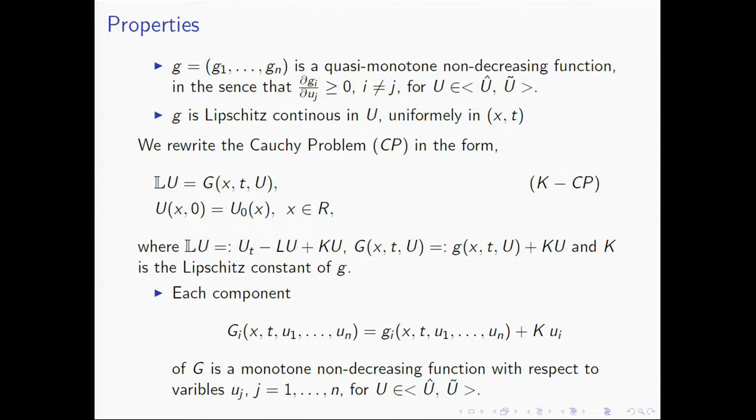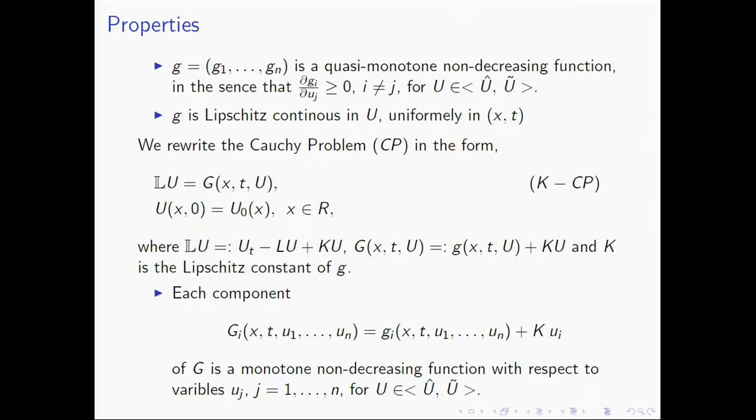A good property for the system is that this g function is a quasi-monotone non-decreasing function. This inequality is the definition of quasi-monotone for the source function.